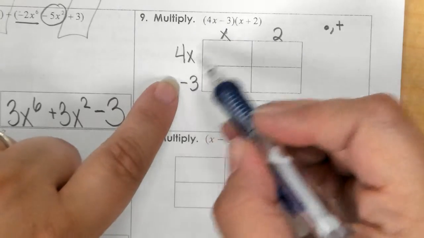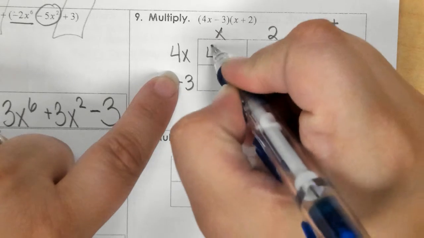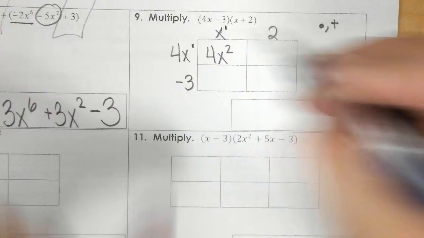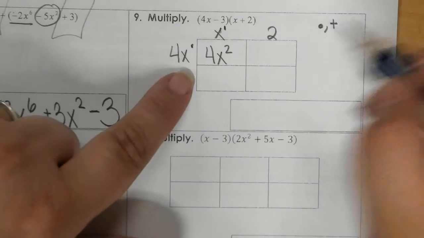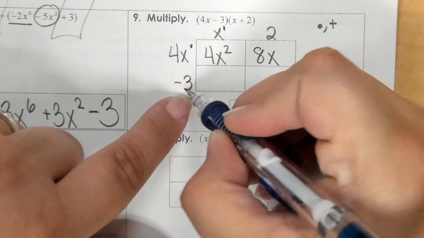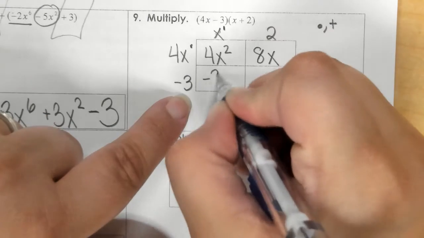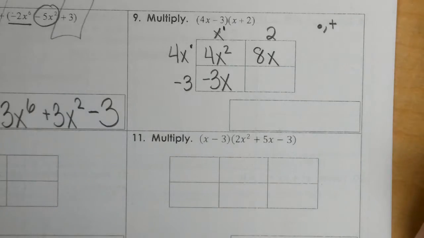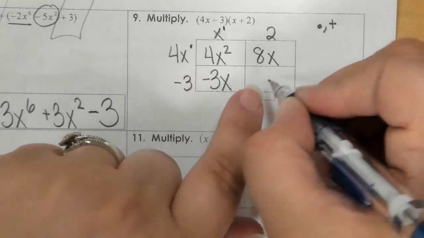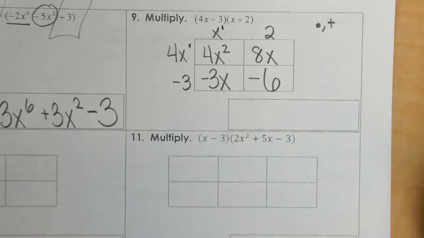So 4x times x is 4x to the 2nd power. It's like adding those ones. 4x times 2 is 8x. Negative 3 times x is negative 3x. And then lastly, negative 3 times 2 is negative 6.